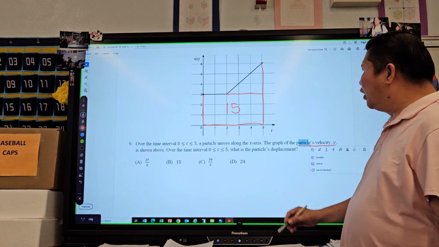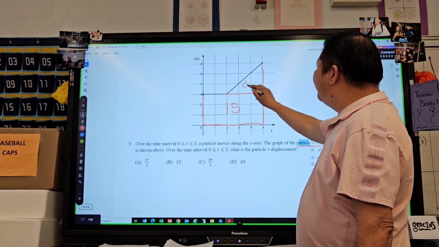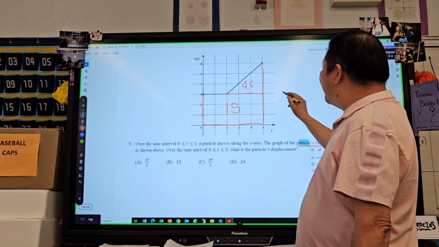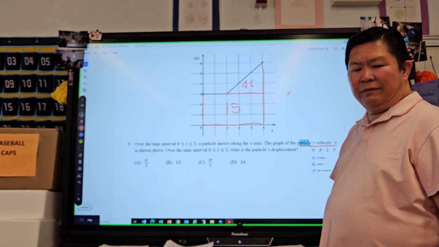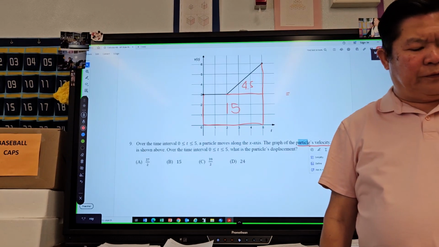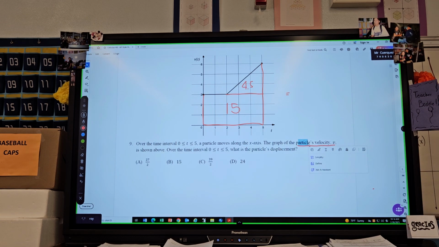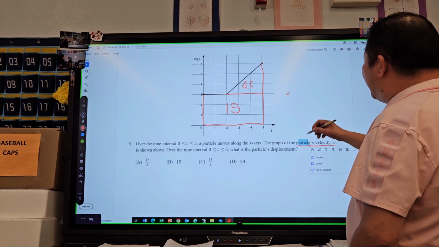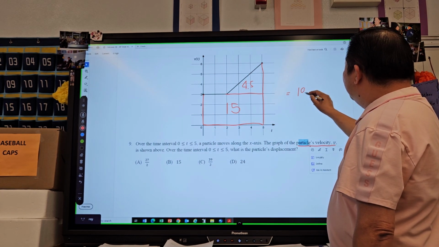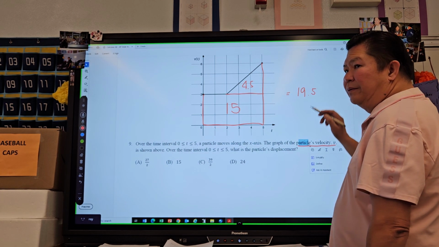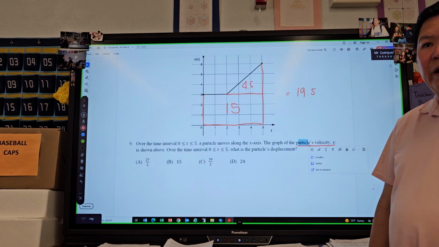Okay. 4.5. So we expect that our answer is 4.5. Okay, then can you add them up? What is the area? 19.5?